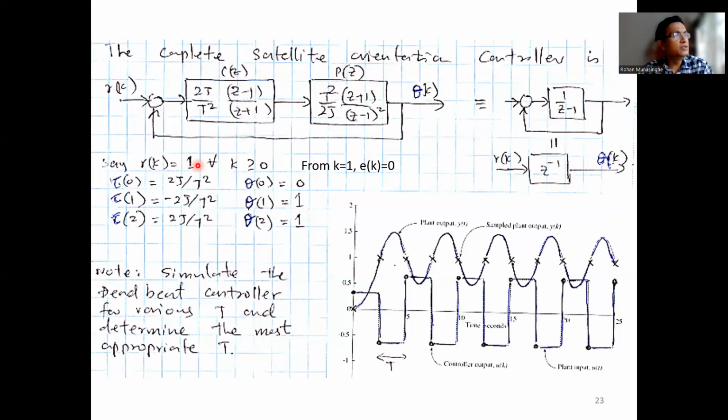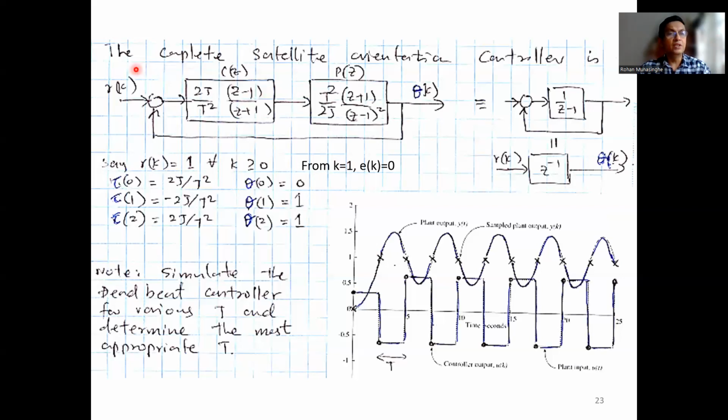Now, because this is deadbeat control, I can immediately say, okay, if that is the case, then from k equals 0, k equals 1, initially there's an error. Initially, theta is 0, let's say. And there's a reference signal saying that this has to be moved to 1.